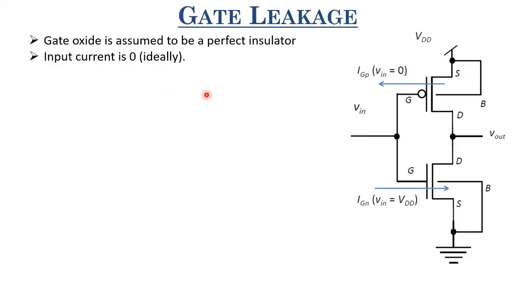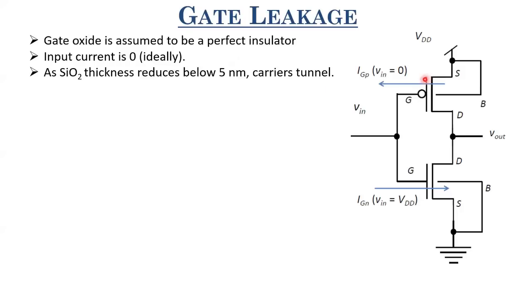However, the moment you reduce these thicknesses, the gate insulator doesn't remain an insulator. Ideally, since it's an insulator, no current should flow through it and it should show infinite impedance, right? But as your thickness reduces below 5 nanometers, why exactly is the input current no longer zero?